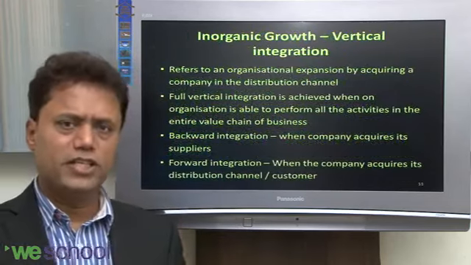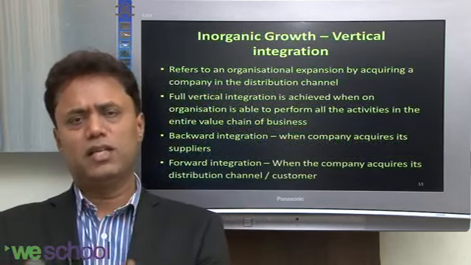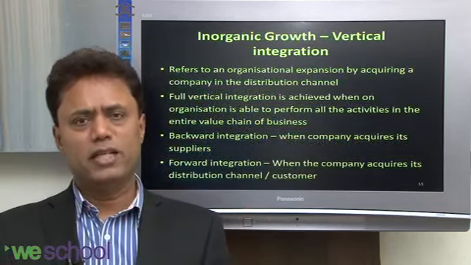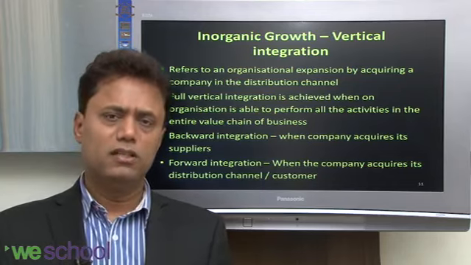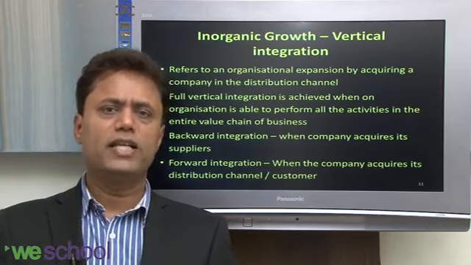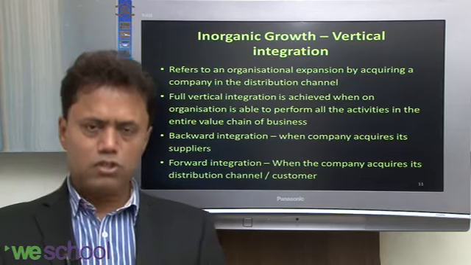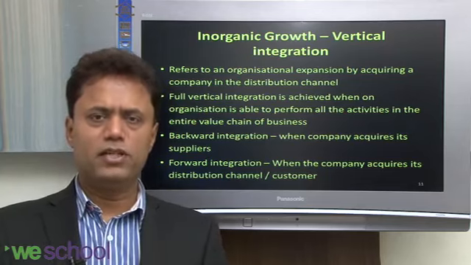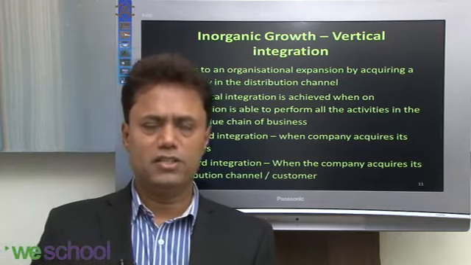Let's talk about vertical integration. Inorganic growth also comes with vertical integration. Suppose your company is working in a particular industry, the retail industry, and you want to create a customer touch point. So you need a forward integration, a go-to-market integration. And you want to source materials for your FMCG, so you do a reverse integration, a backward integration.